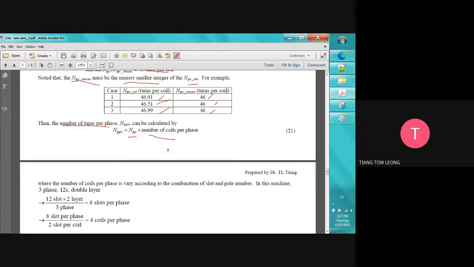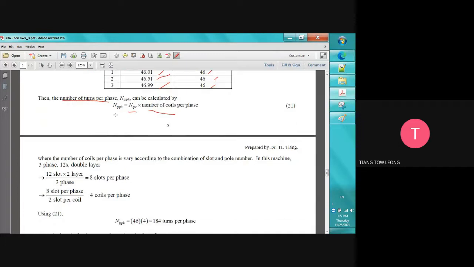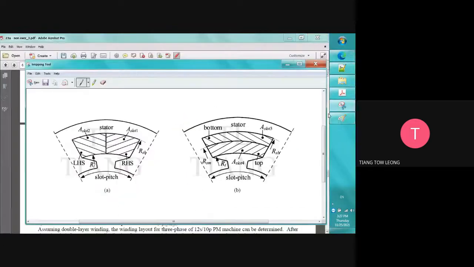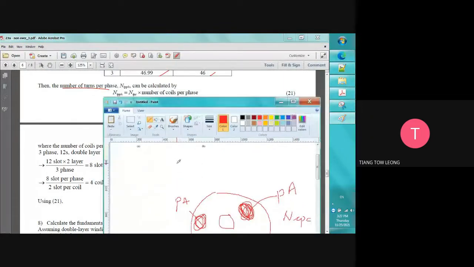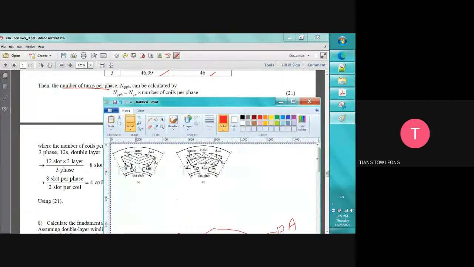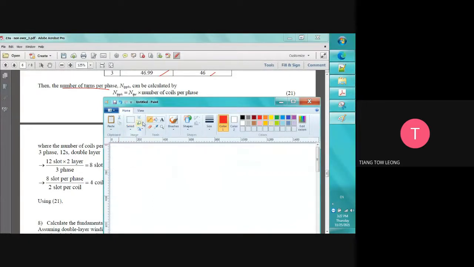This formula is like this: number of turns per phase. We know that we have the number of turns per coil, so how can we get the number of turns per phase? We need to maintain the number of turns, and we don't want the coil, so I put coil here.